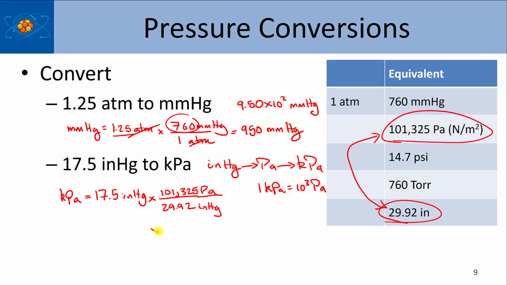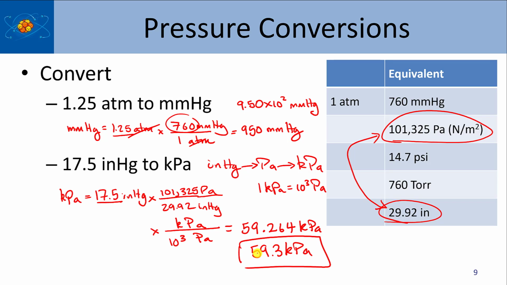Then one more step: I want pascals to cancel, so 10 to the third pascals goes at the bottom, and I'll be left with kPa. When you do that calculation, you get 59.264 kPa, or with 3 sig figs in the number that's given, 59.3 kPa.